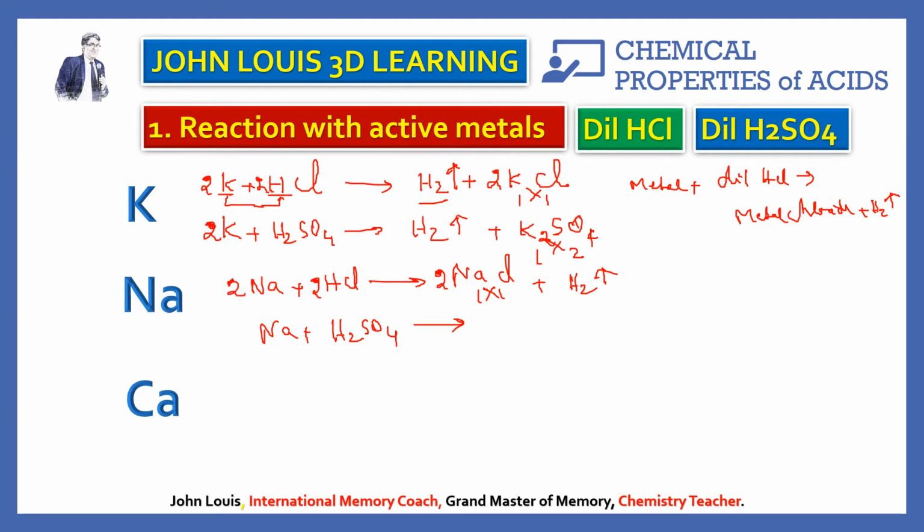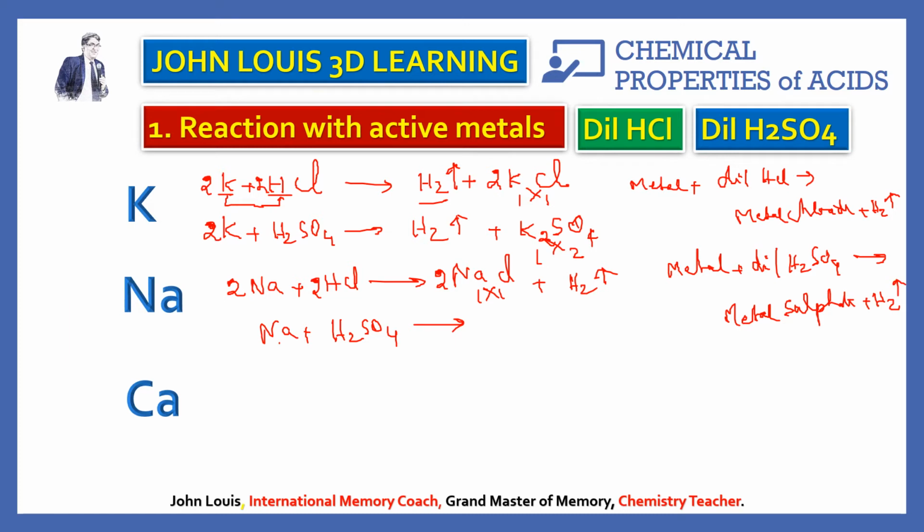When sodium reacts with sulfuric acid, again what is a metal sulfate? Here the other rule is: metal plus dilute sulfuric acid, single displacement reaction takes place. Therefore you get metal sulfate plus hydrogen. This rule already we have learnt. Simply apply that and you can get the answer.